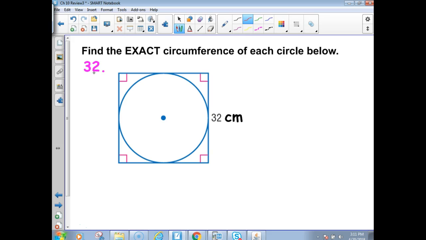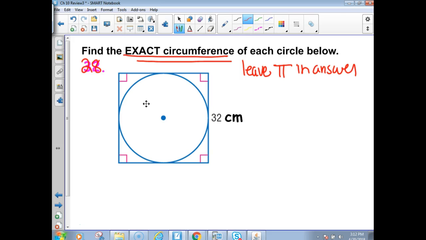And again, I forgot to write down what number this is. I believe it's 28. Find the exact circumference. What does that mean? Leave a radical or pi in the answer. All right, exact. So circumference is pi times the diameter. It means you don't want to type pi in your calculator because it's going to become a decimal then.